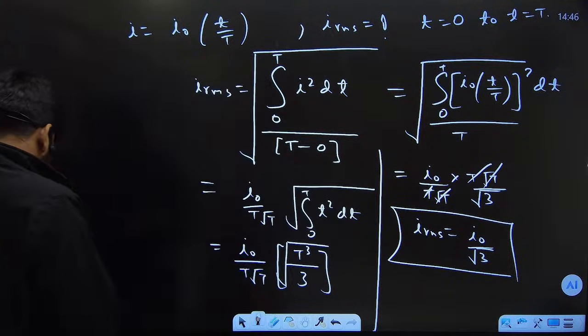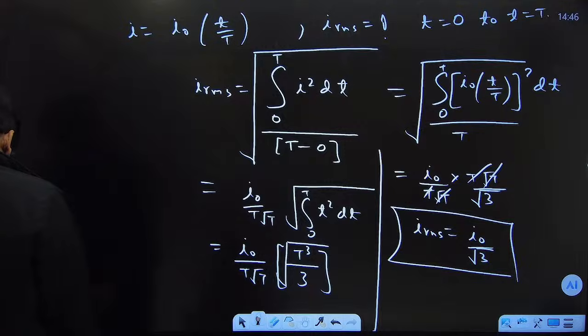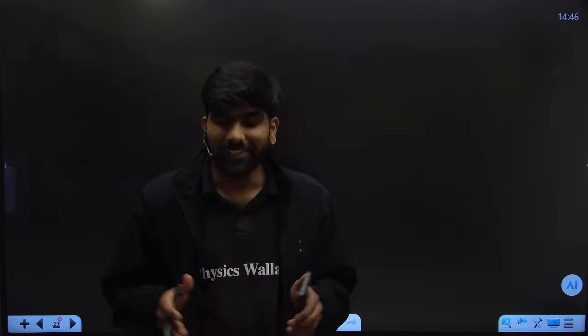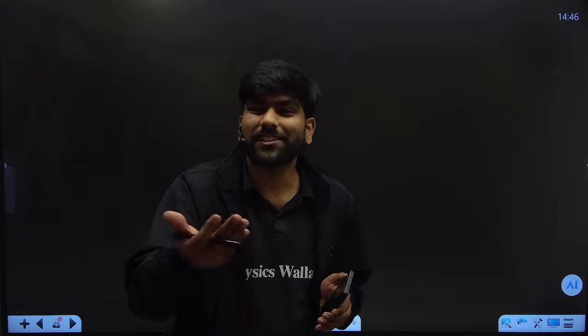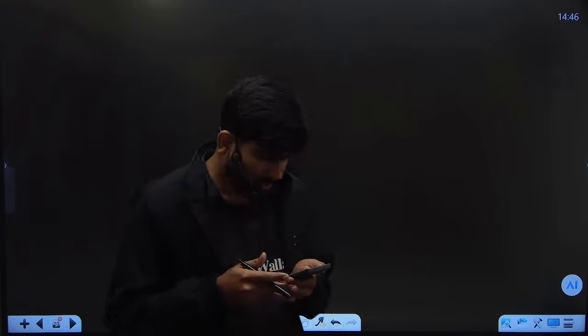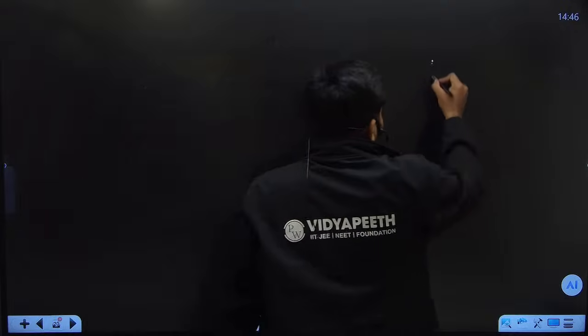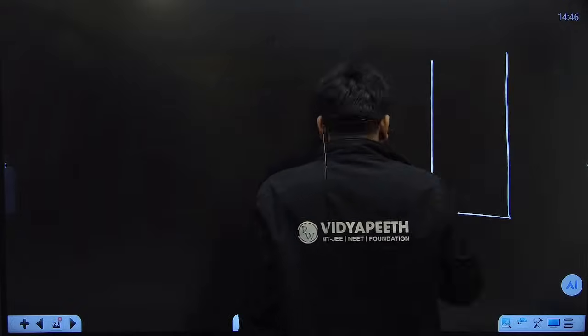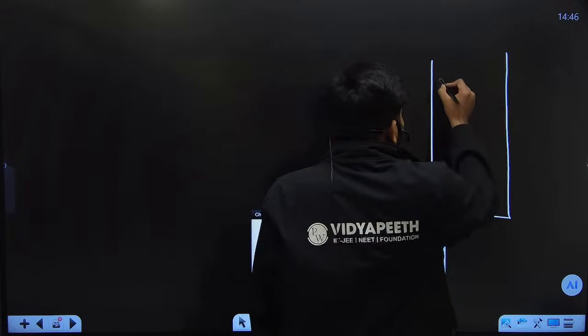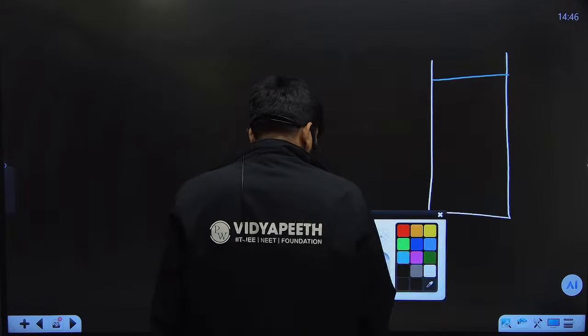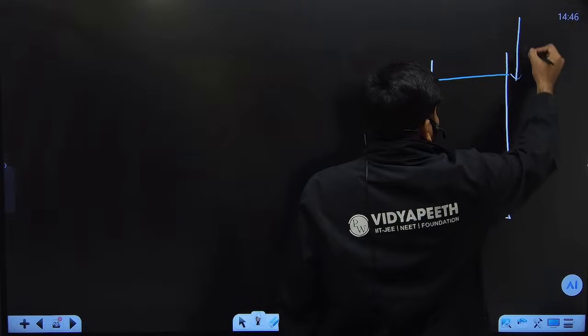Now let's move on to the next question, and the next question we are going to take is from fluids. The good thing is this question is straightforward. What is this question? We have a tube, we are dropping a ball inside this tube from a height h above the tube.